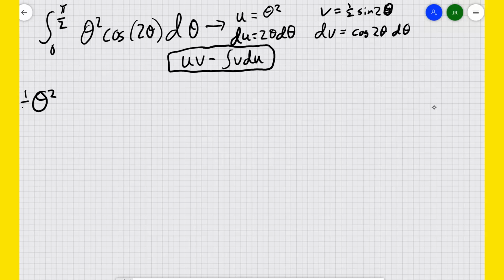Well, I'm going to put the 1/2 in front. Sine 2 theta minus the integral of 1/2. I'm going to put the 1/2 out front again. Sine 2 theta du, which is going to be 2 theta. I'm going to put that right here.